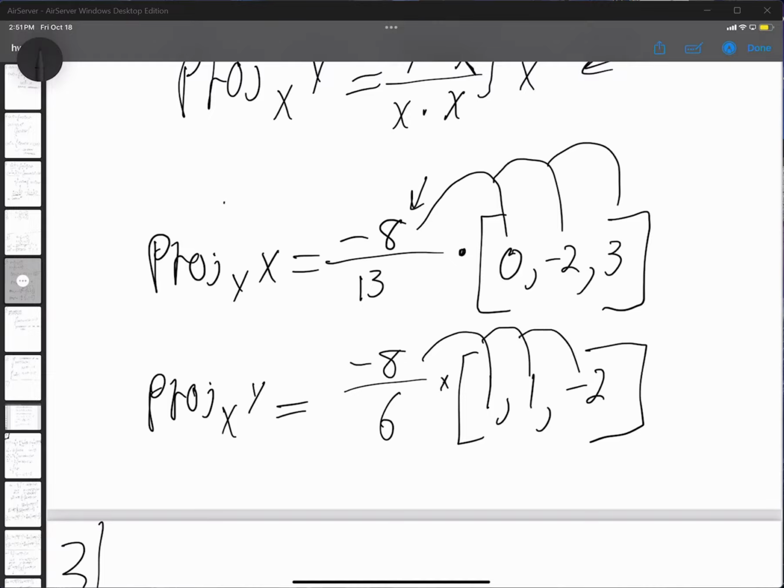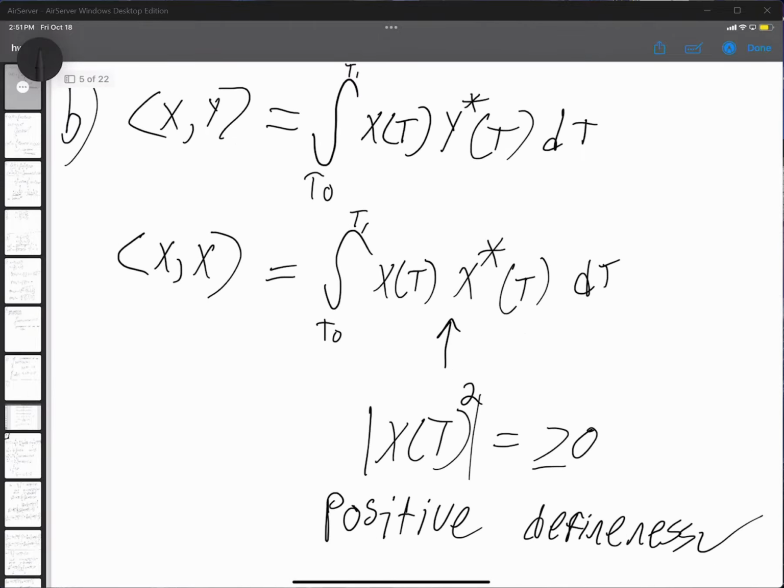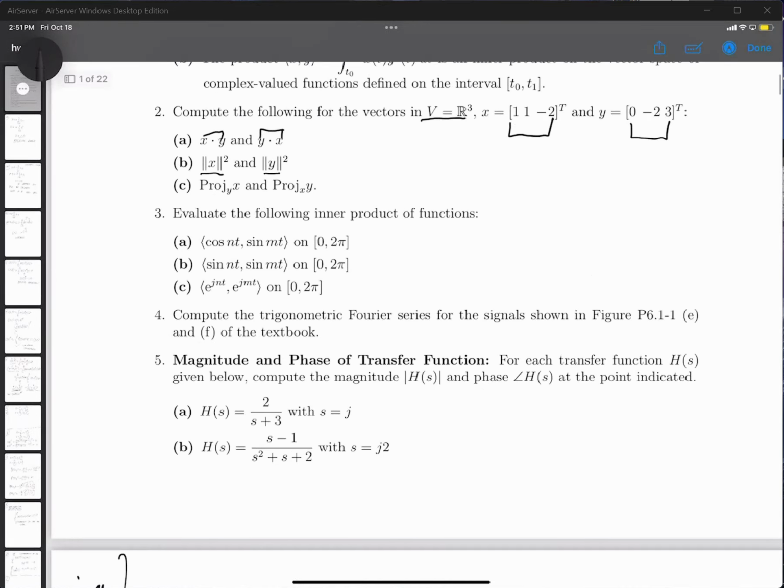Okay, so now we're going to do 3. Let's talk about 3. 3 is evaluate the following inner product of functions. So we need to find the inner products of functions on the left on these intervals from 0 to 2 pi, which I forgot how to do.